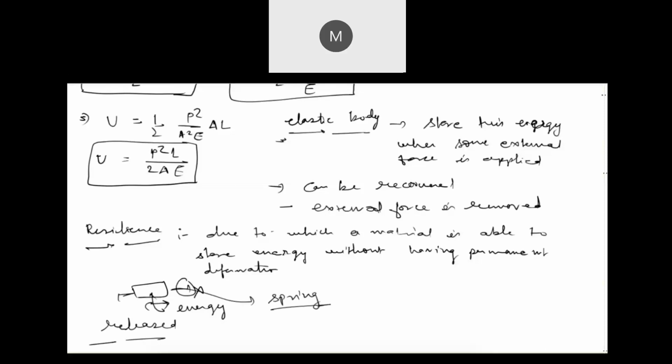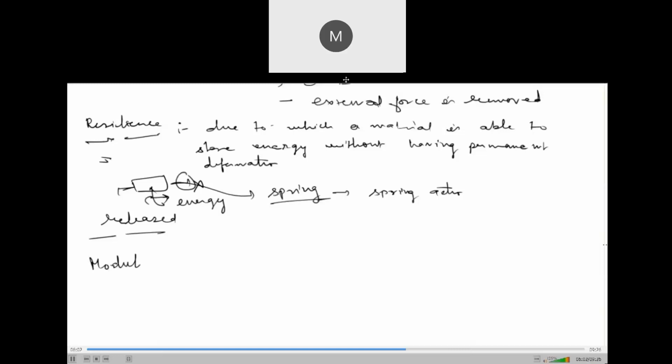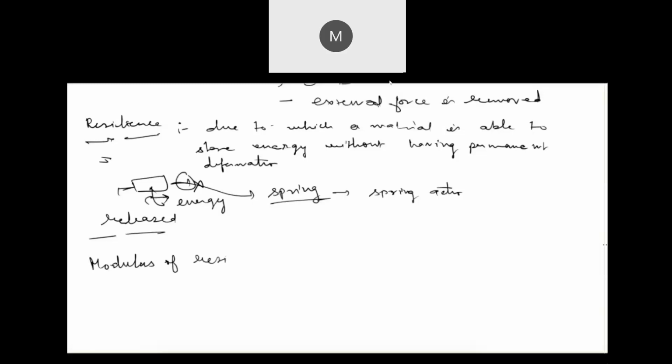So this resilience property is very useful to find out which material would be better for the spring action. And to quantify this resilience, there is a modulus defined, that is modulus of resilience.